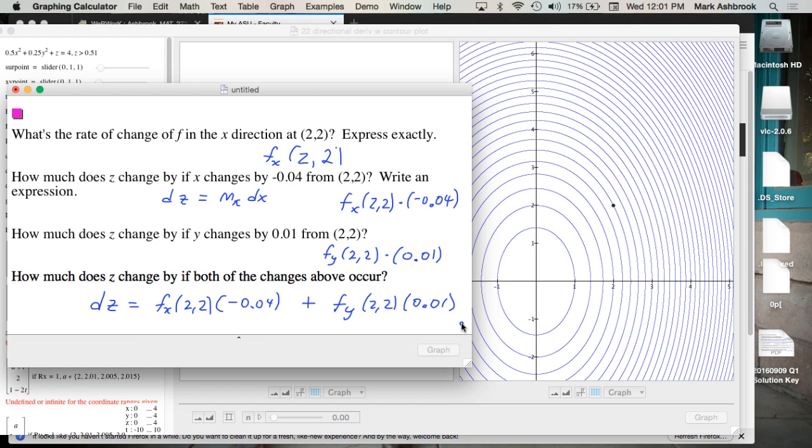Now we're starting to talk about this idea that if you make a change in both variables, that indicates a single change in a direction, right? We're going in the negative x direction here.